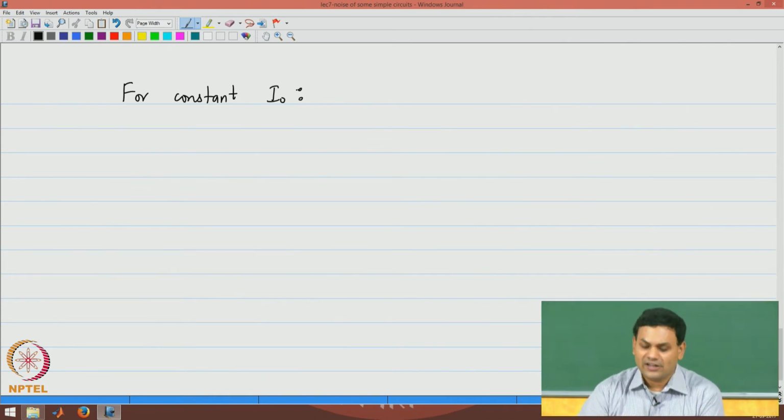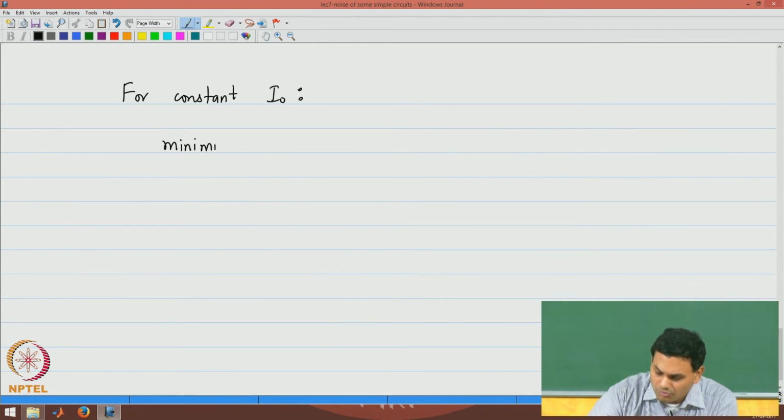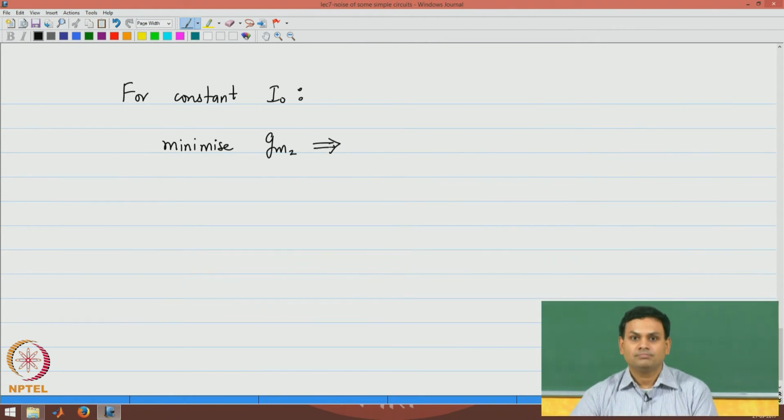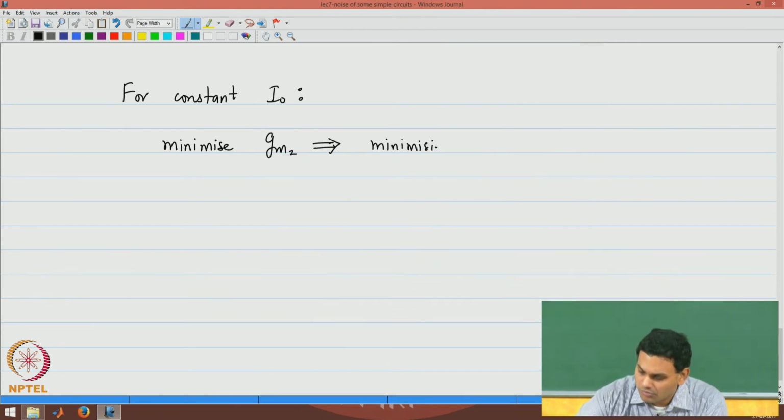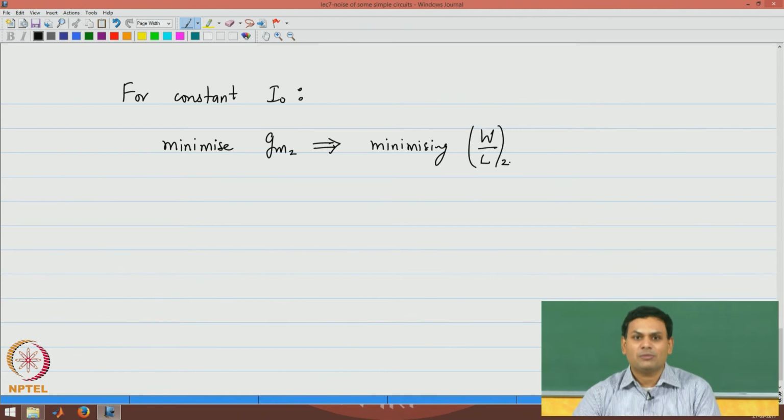For constant I naught, if you want to minimize Gm2, this can be done only by minimizing W over L of M2, which is the PMOS transistor in this case.